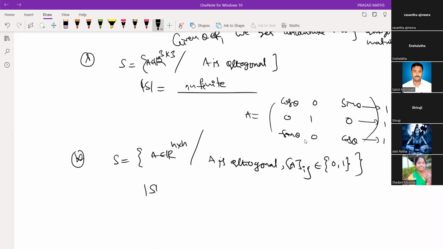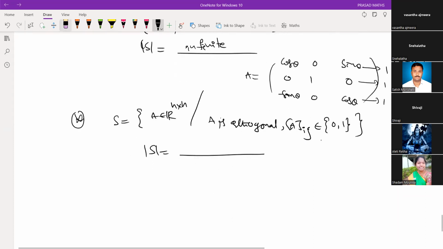What is the cardinality of this? Anybody? Suppose you take 0. What is the cardinality of this? That means you take any entry that is 0. What is the cardinality of S? Any matrix you take in S, 0. Who said? Satish. Good, very good.